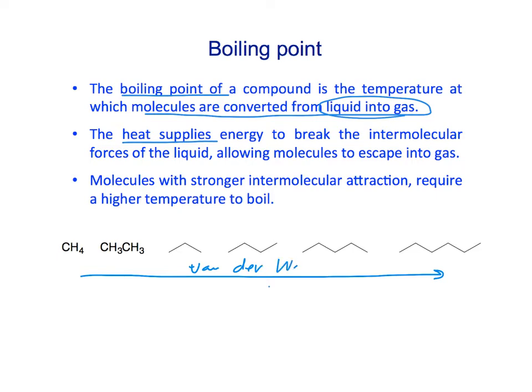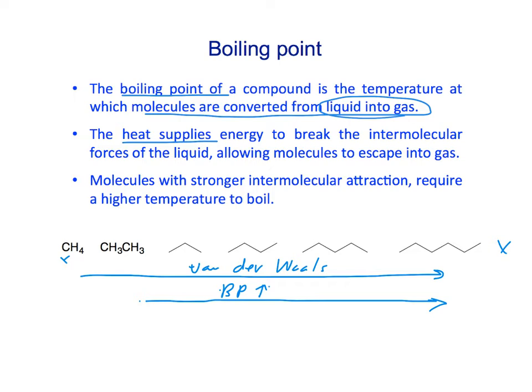Like we said before, as the surface area becomes bigger, the van der Waals interactions increase. So we would predict then that we have stronger interactions on the right, weaker on the left, and so the boiling point should increase from left to right as those attractive forces increase.